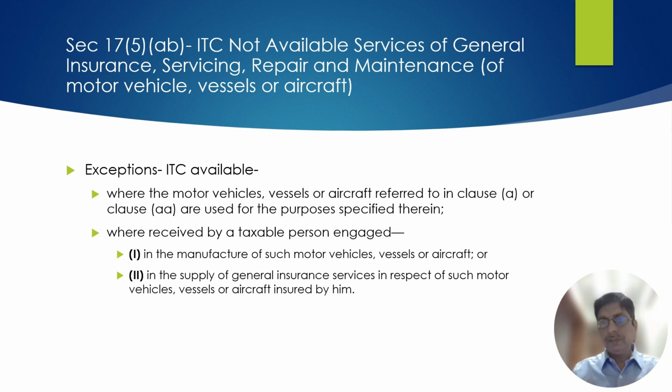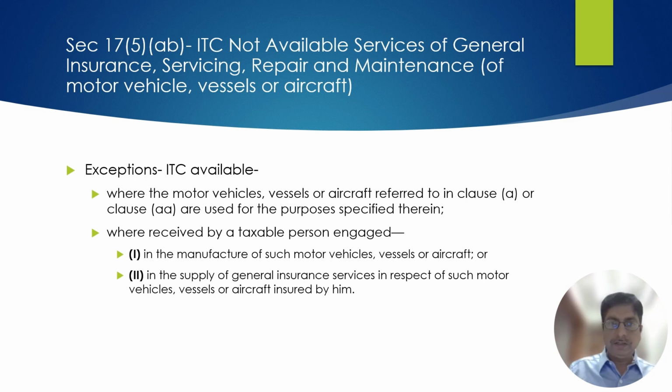An insurance company gives you a general insurance of the motor vehicle, and it reinsures it with another insurance company. That other insurance company charges the premium and charges GST on that. For the main insurance company, the principal insurance company, the credit is available on the GST charged by the sub-insurer, that is, the reinsurer company.